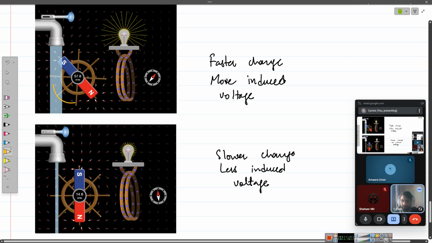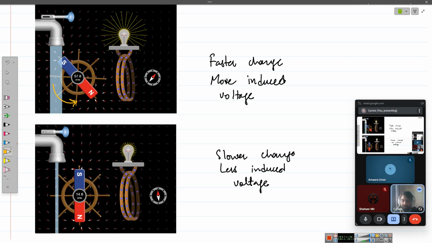So rotating it faster resulted in greater speed, and rotating it slower, with lesser force, resulted in lesser speed and lesser flux change. So we have less voltage here, and in this case, we had more voltage here, as you can tell by the glow of this bulb.